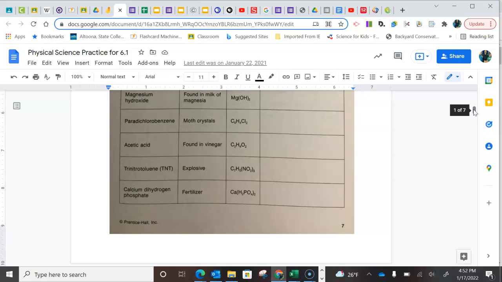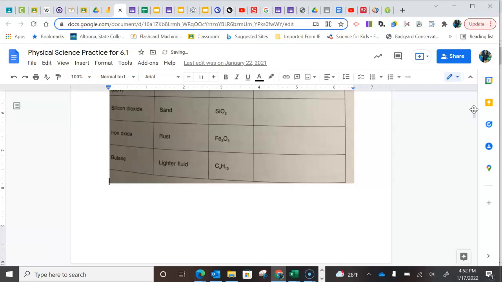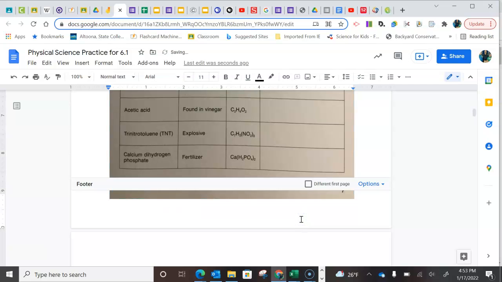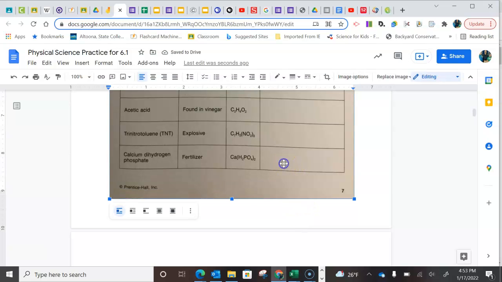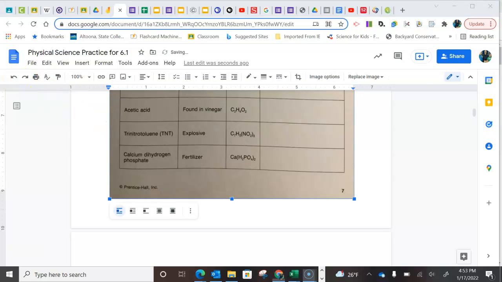I think we'll do this one here called calcium dihydrogen phosphate, which in this case is... alright, so Ca is calcium.